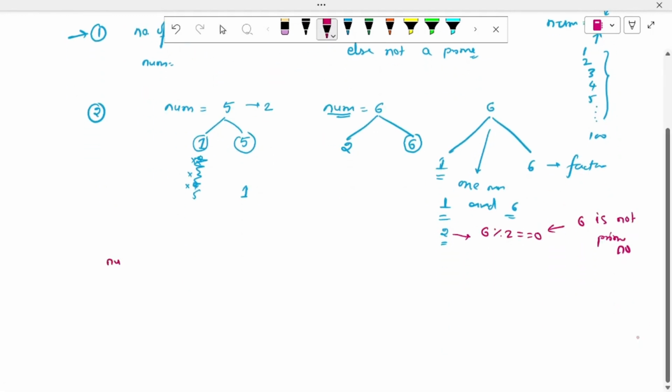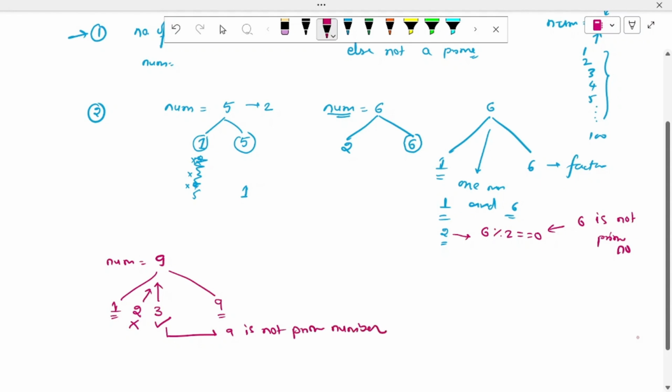Now if you take num is equal to 9, in this case also we know already that 9 is divisible by 1 and 9, right? So we will try to find another number which is between 1 and 9, which can divide 9. Okay, now if you take 2, 2 cannot divide 9, so we'll exclude it. If you take 3, 3 can divide 9, and straight away I can say 9 is not a prime number, right?